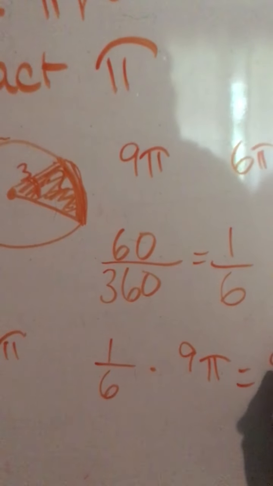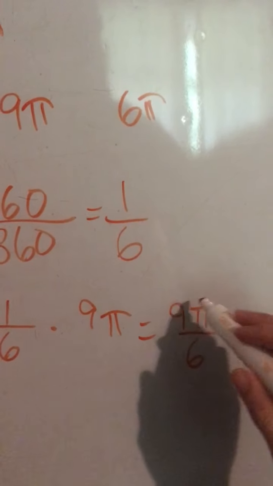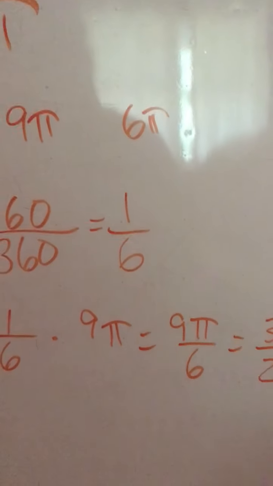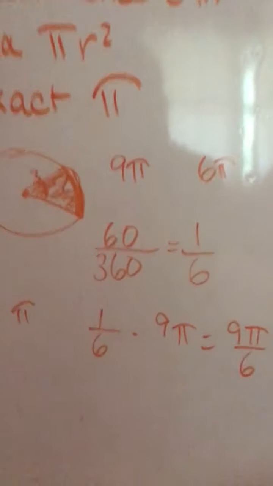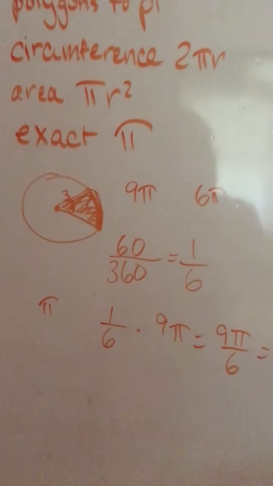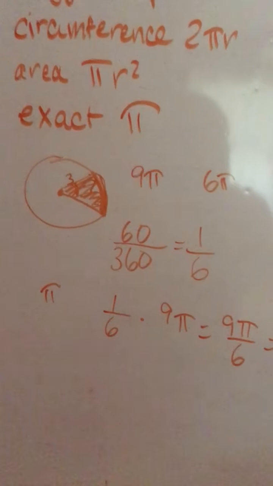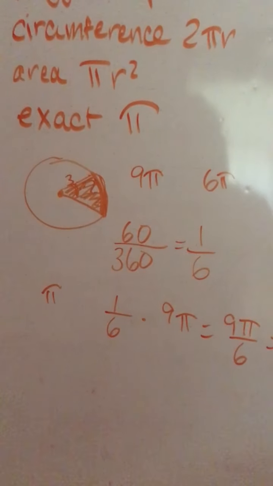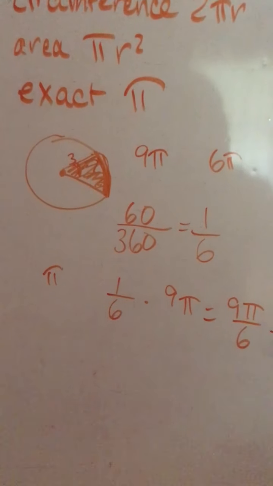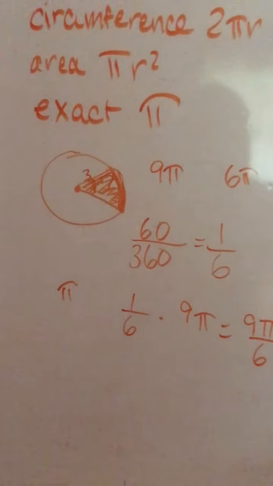That's just 9 pi over 6, and that can reduce down to 3 pi over 2. So if I have a sector, it's just a fraction of the whole circle. You need to find the area and circumference of the whole circle first, then figure out what fraction of the circle you have, and then use that to find the fraction of the area or circumference.